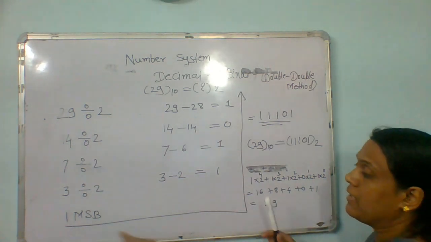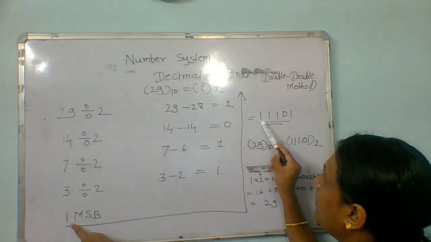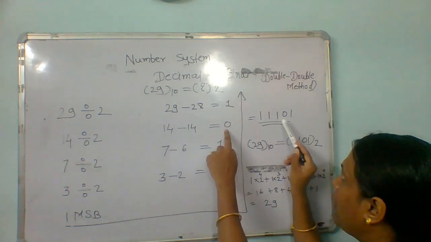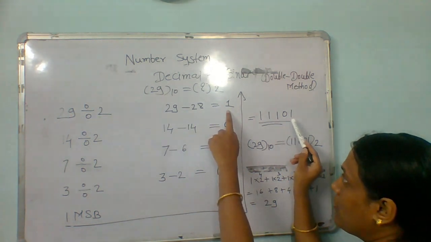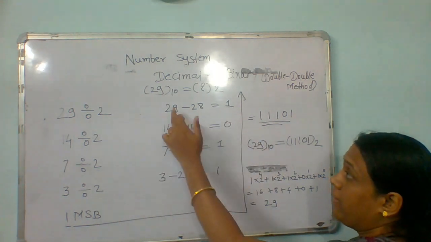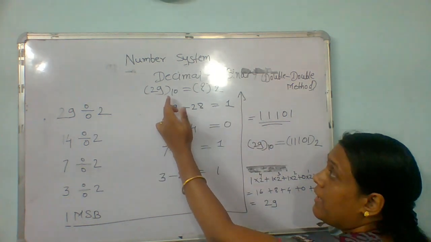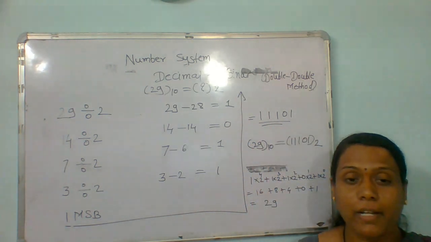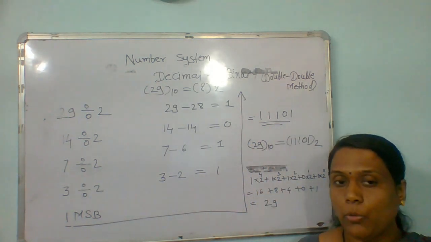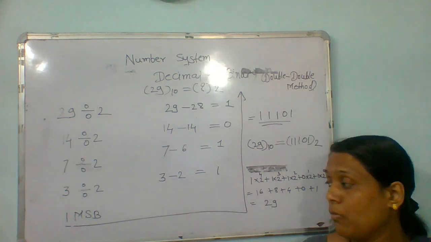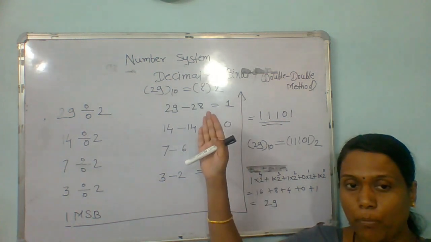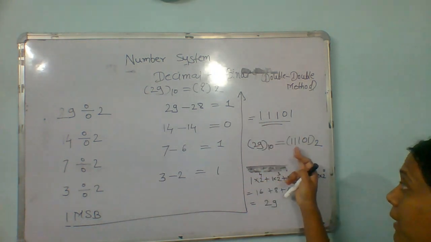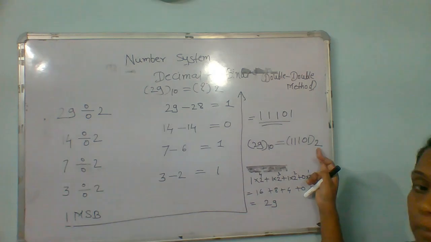So when we convert this decimal into binary, the answer is this binary number. What we did: we divided the number by 2 and collected the remainders from bottom to top. So this is the conversion of 29 decimal into the binary number 11101.